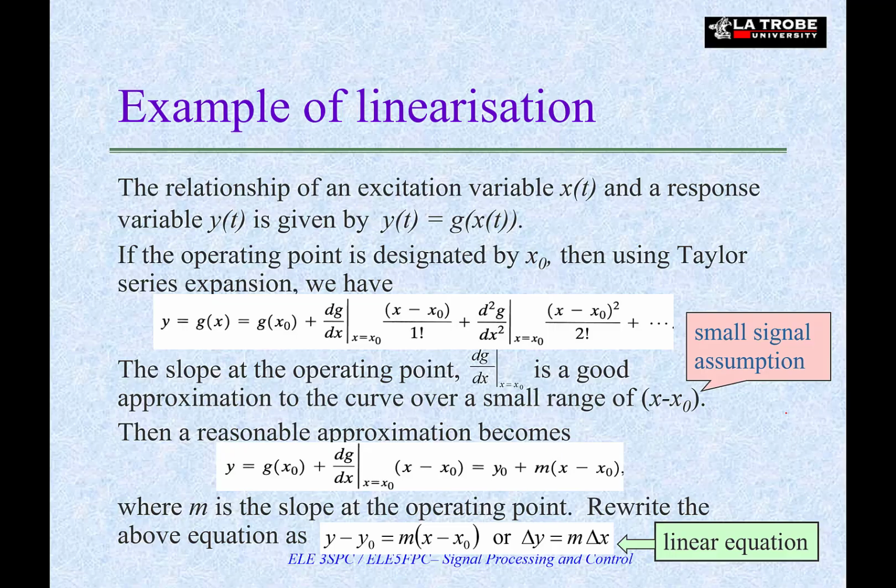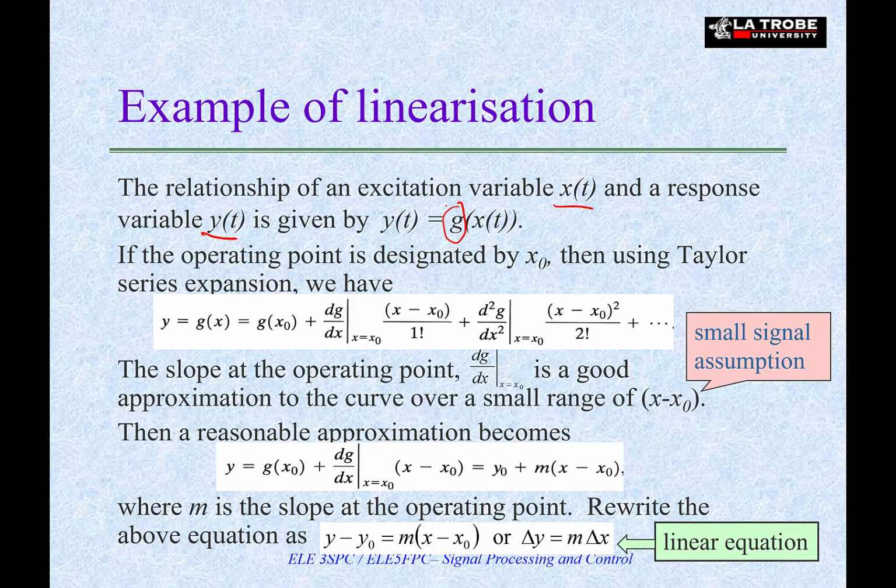Now, let's say the input of the system is xt, which is the excitation signal, and the response, which is the output, is yt. And the relationship between xt and yt is given by the function g. We choose an operating point, and usually the operating point is the equilibrium point of the system. Let's say for this system, the operating point is x0.